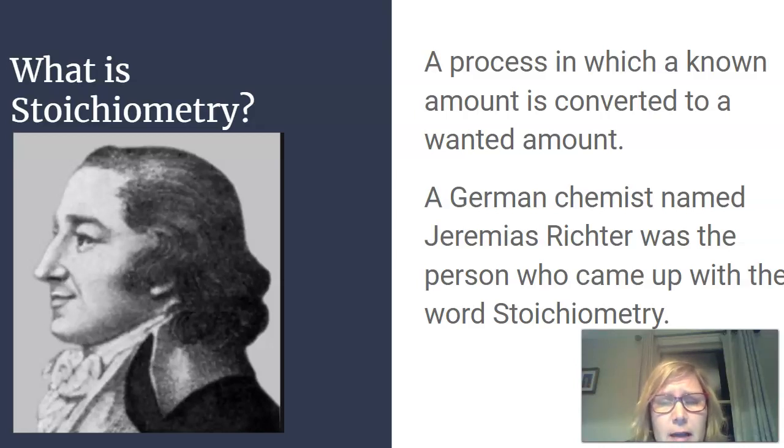We do this a lot in everyday life, especially when we cook. Cooking is a great example of stoichiometry. When you're trying to make, for example, chocolate chip cookies, and you pull all the stuff out of the pantry, flour, butter, sugar, brown sugar, all those ingredients, your whole goal is to make a known product, and that is the chocolate chip cookie itself.